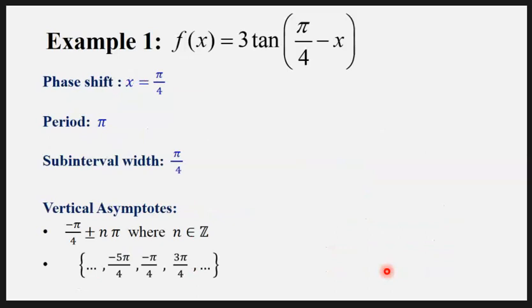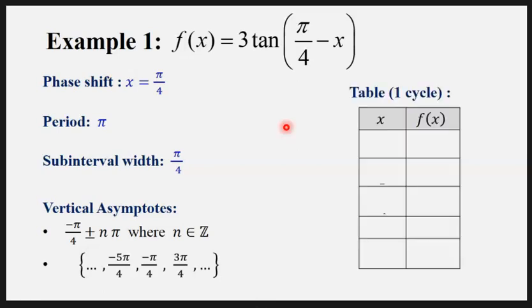So with this information, the phase shift equals π/4, the period is π, the subinterval is π/4 as well, and the vertical asymptotes are as stated in the formula with the list of results here. Now we construct the table of one cycle. For the table of one cycle, I begin with the x value π/4 from the phase shift.